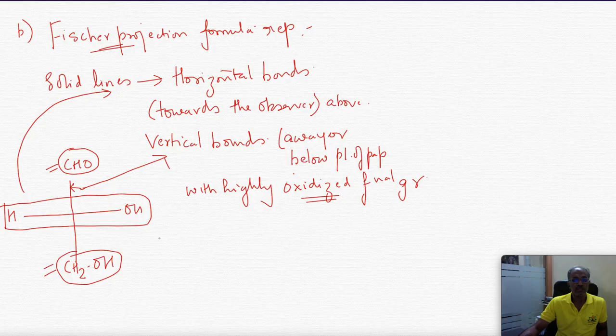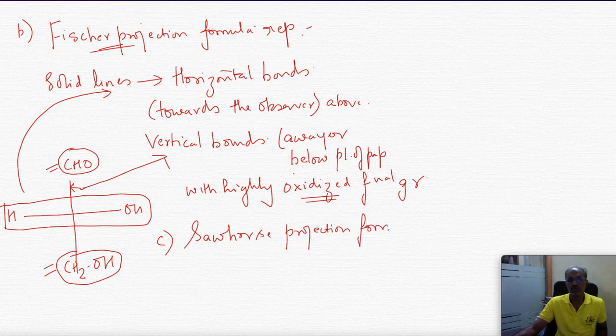Now, the third type of projection is called Sawhorse projection. The first one we saw, the second one was Fischer projection.